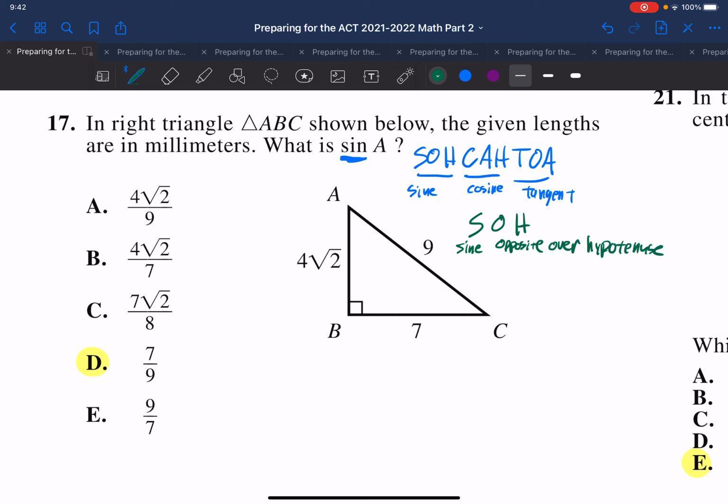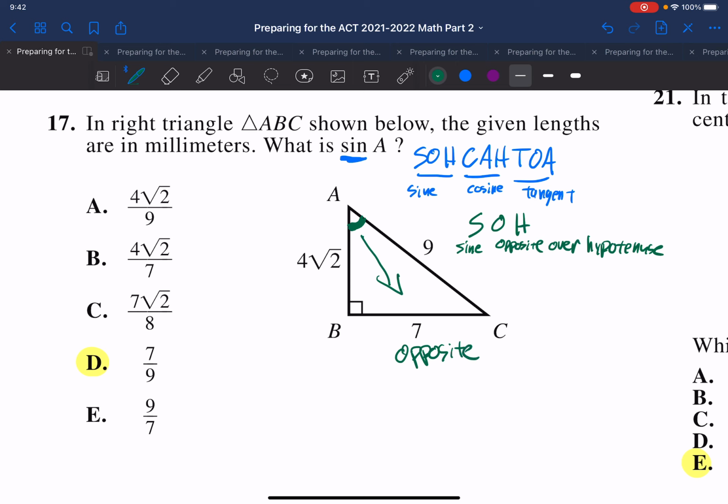So what we have to do is state what is the opposite and what is the hypotenuse. Here we have our right triangle, and angle A is right here. This is important because angle A decides what is the opposite side, because the opposite is what is opposite the angle. So over here, this is opposite.